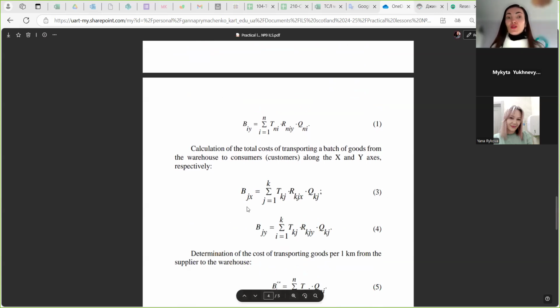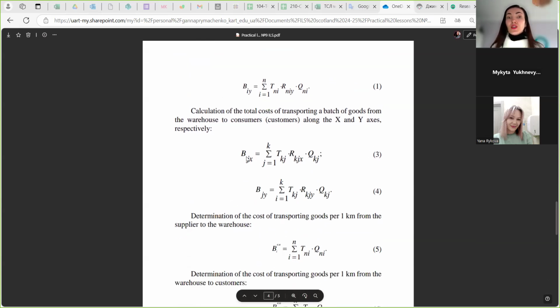We already did it. We calculated how much money we need to pay when we deliver goods from our manufacturer to our customers. We also have 3 customers. So we calculated formula number 3, by the distance along axis x.